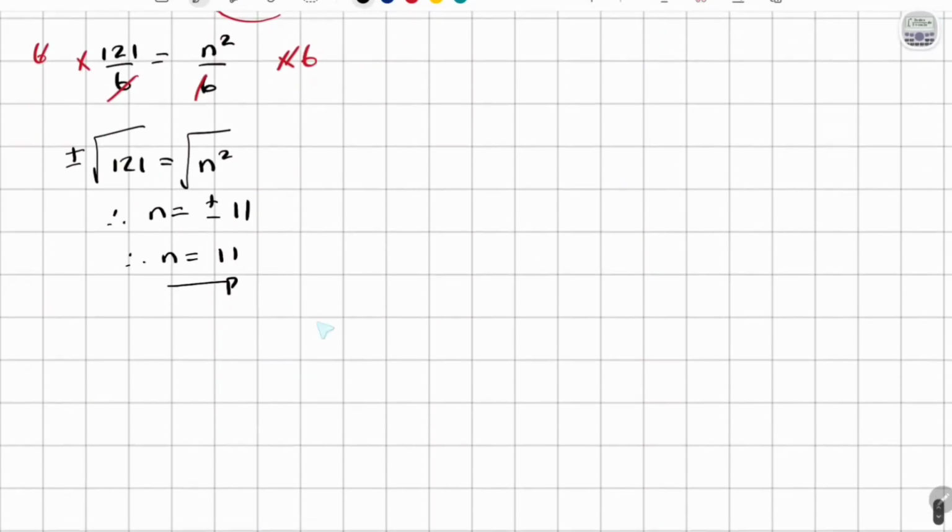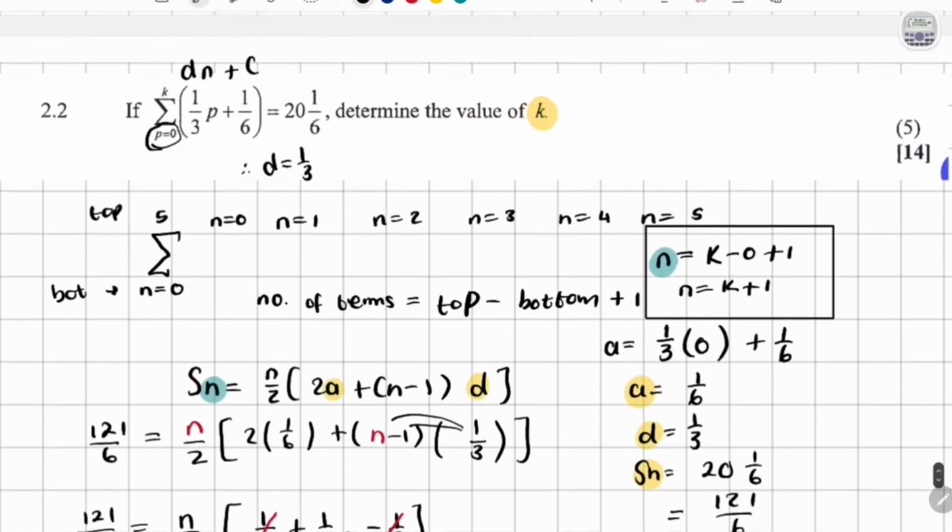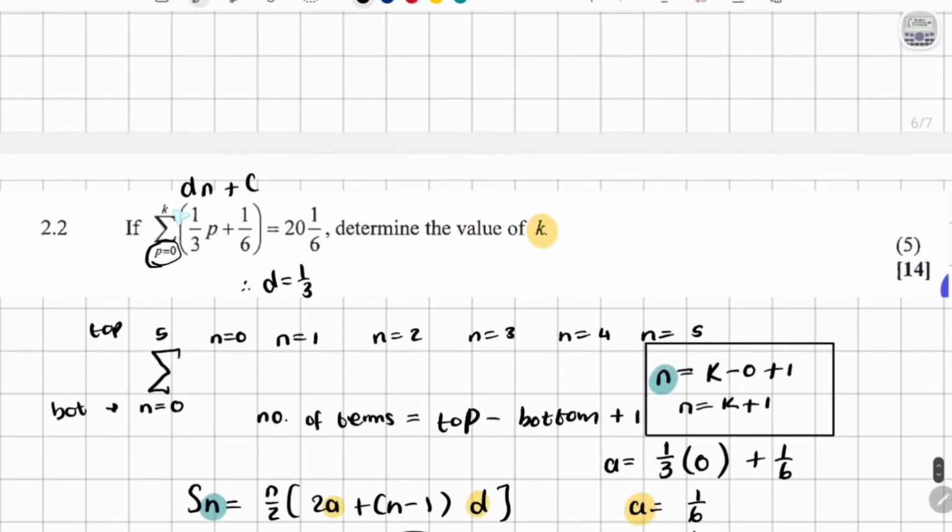Okay, so that's going to be n is equal to k plus 1, which is really just, we know n is 11, which is k plus 1. And we're taking the 1 over, 11 minus 1 is equal to k. So it means that k is equal to 10. Okay, so that's what I meant by k is going to be 1 less term, because that is where we are ending. But the total number of terms, okay, would be 1 more than whatever k is.